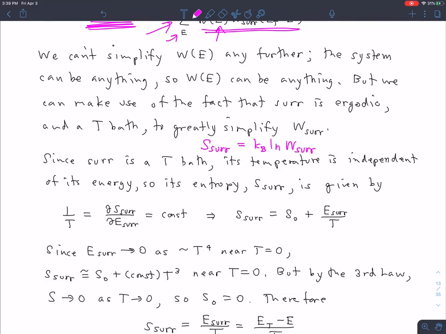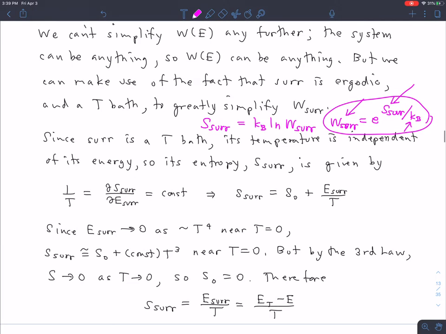That means that W_sur is equal to e to the entropy of the surroundings divided by k_B. So if we can find an expression for the entropy of the surroundings, we can also find an expression for W for the surroundings. In fact, they're almost the same thing, right? They have the same information. This k_B is just a fundamental constant, so once we have S, we also have W.